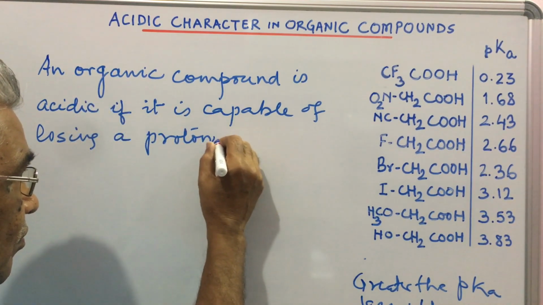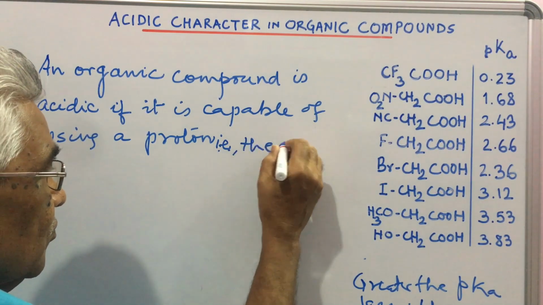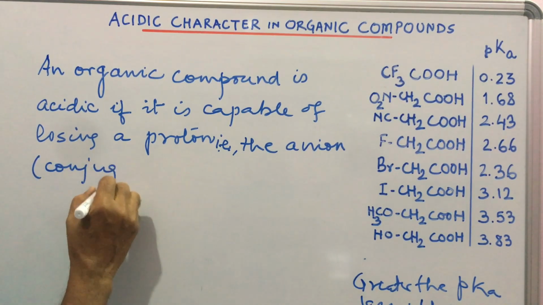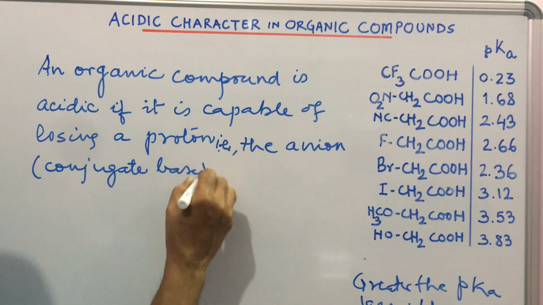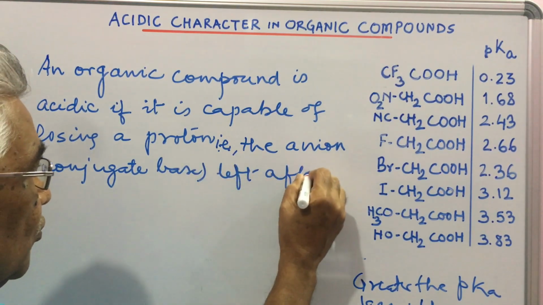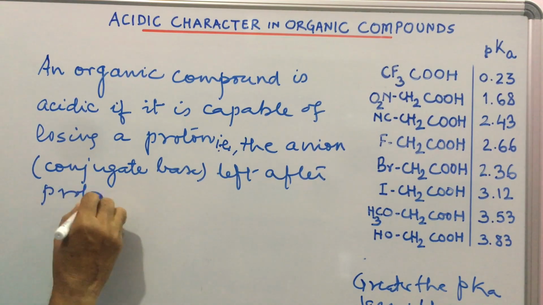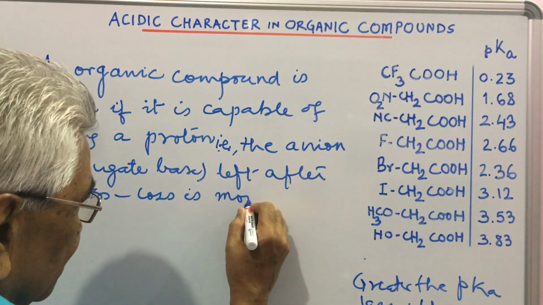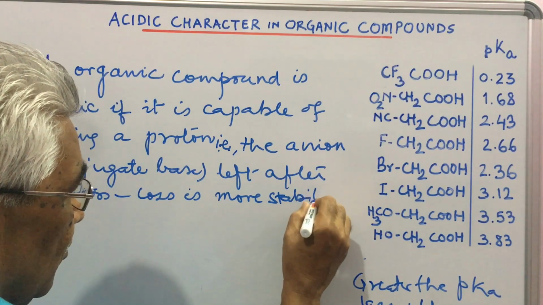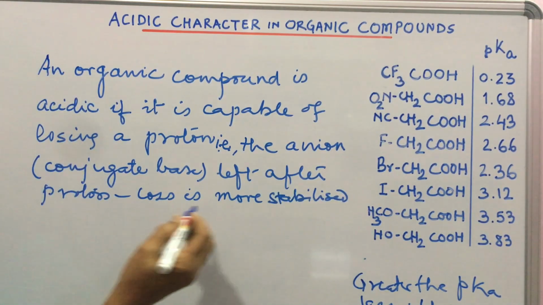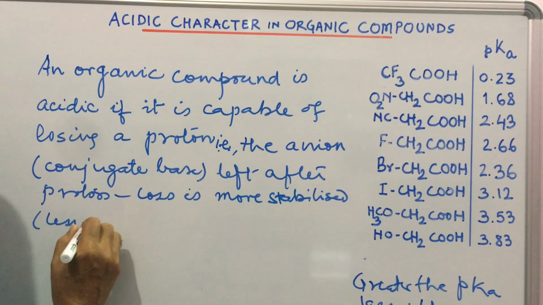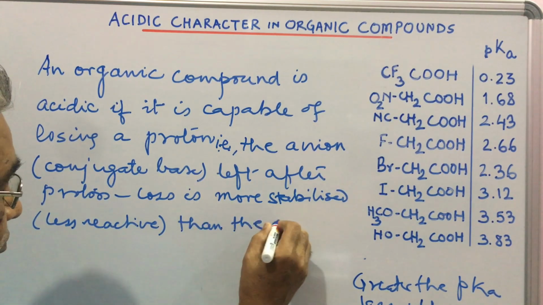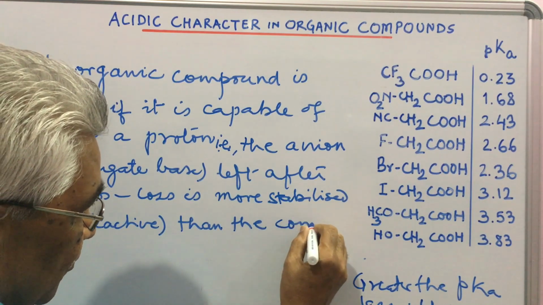When the anion or conjugate base left after proton loss is more stabilized, means less reactive, than the compound itself.